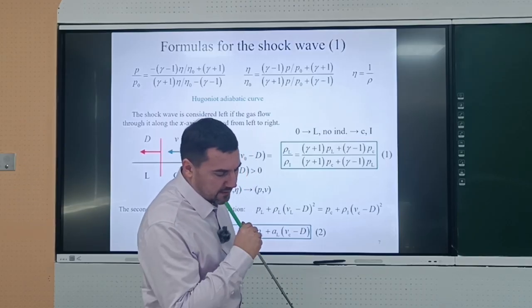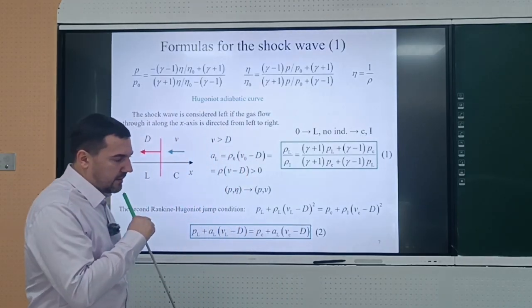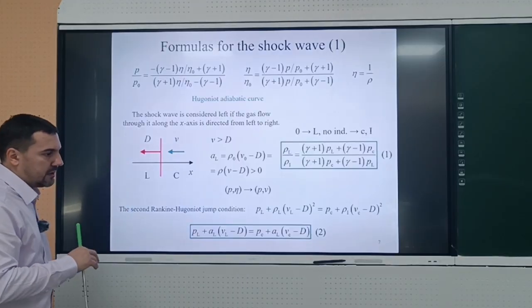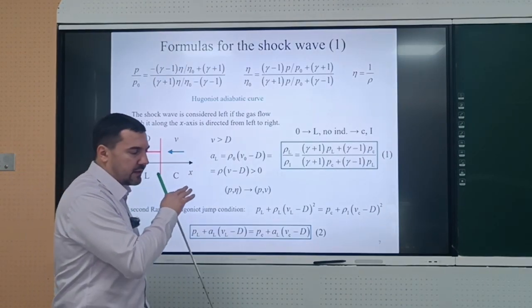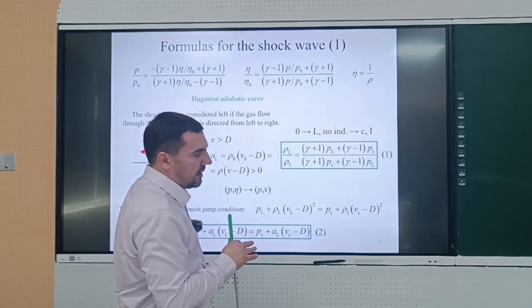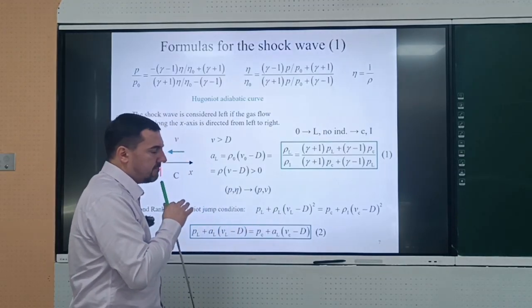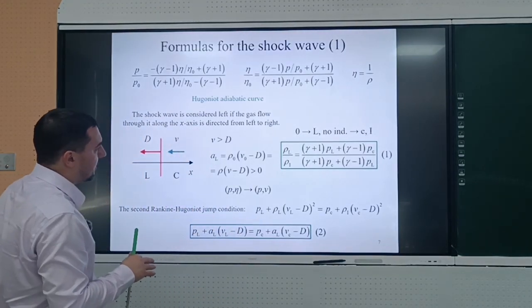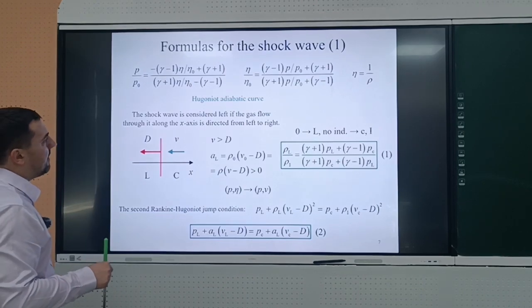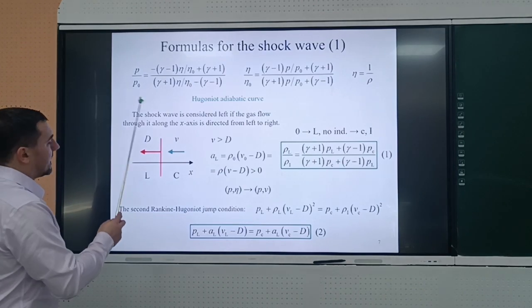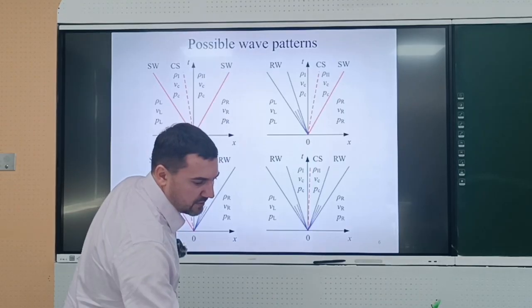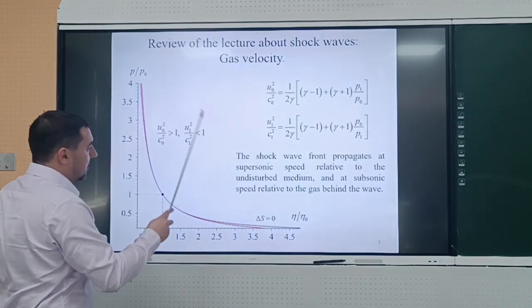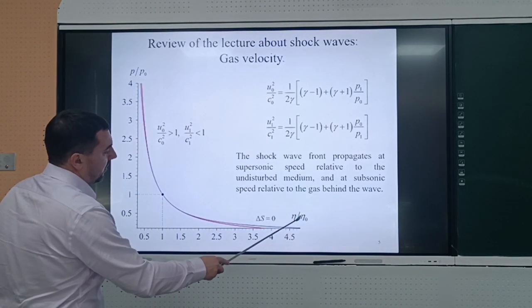Let's start. In the lecture dedicated to discontinuous solutions, we obtained actually all the relationships that are necessary to solve the Riemann problem. But as I showed you in that lecture, we used P and eta, where eta is 1 over ρ.